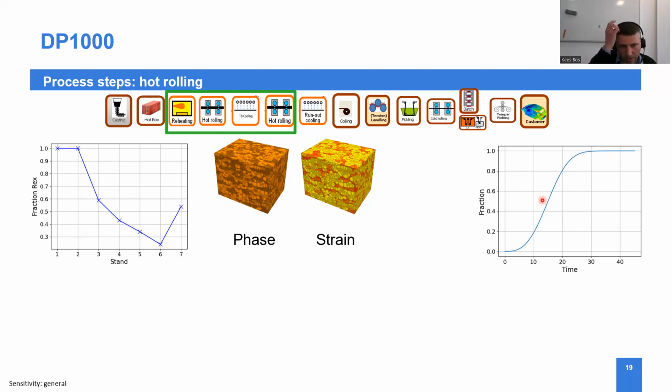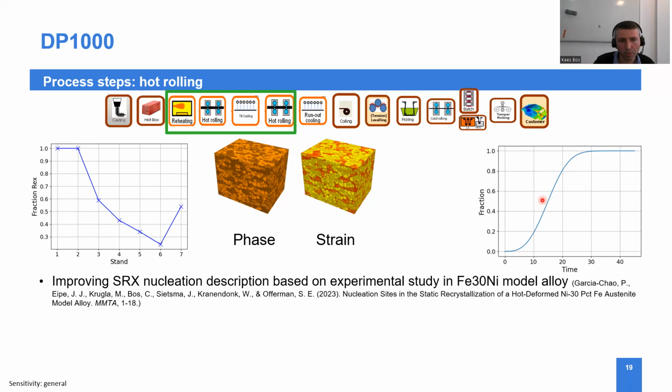Now, of course, I have to say a little bit more on the model that we're applying. What you see here are results based on strain-induced boundary migration as the nucleation mechanism for the recrystallization model. And we have been working within this program to develop that further.